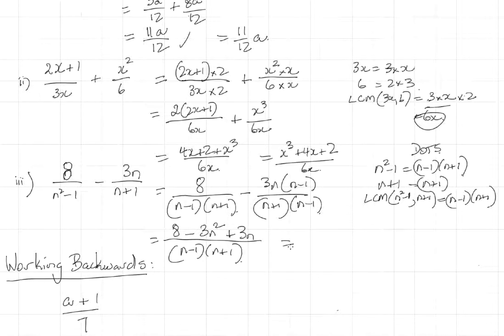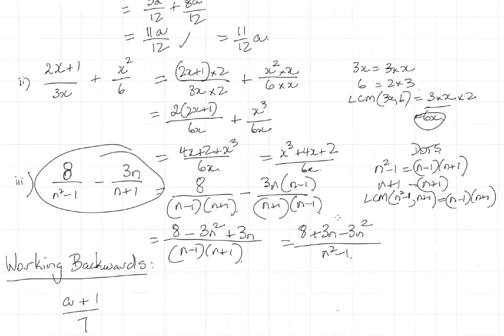Probably a good idea to get these in ascending order, because that'll make a positive 8 as the leader. So 8 plus 3n minus 3n squared, and we can put this all back together over n squared minus 1. So adding those two fractions gives us that as an answer.